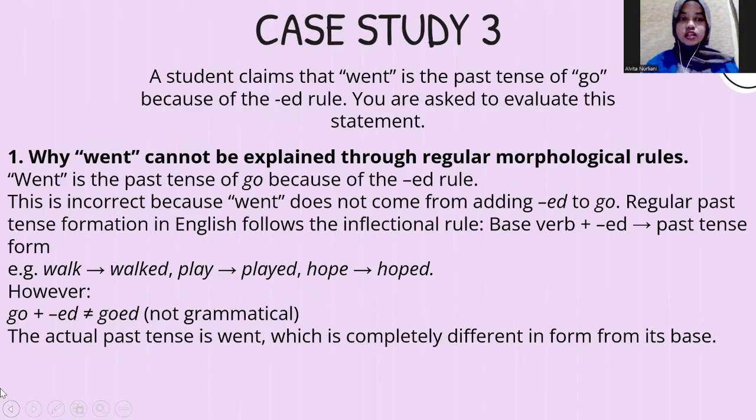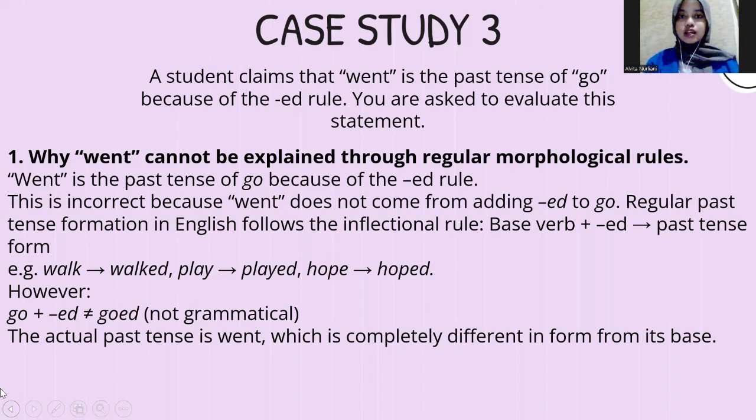In case study 3, a student claims that went is the past tense of go because of the -ed rule. So number one, why went cannot be explained through regular morphological rules. The student claim is incorrect because went does not come from adding -ed to go.